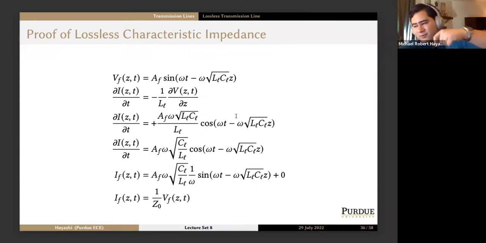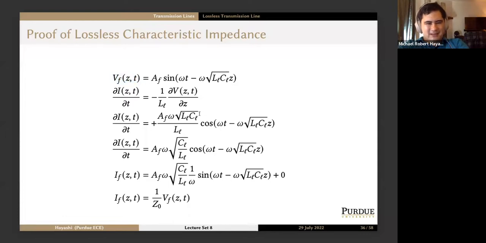So let's prove the characteristic impedance here. We'll say VF is equal to AF times sine of omega t minus k, which is omega times square root LLCL times z. So recall that for the lossless wave, partial V with respect to z is negative LL times partial of I with respect to t. So we can move things around. The partial derivative of I with respect to t is negative 1 over LL times the partial of this with respect to z.